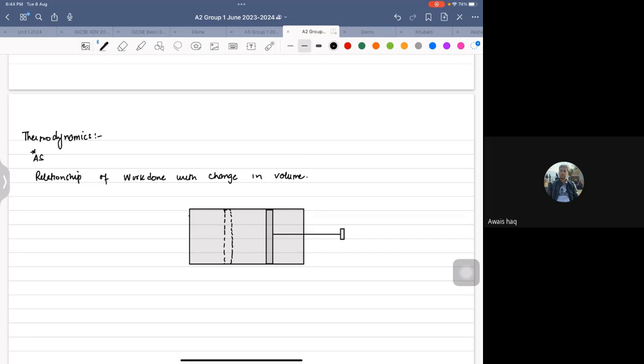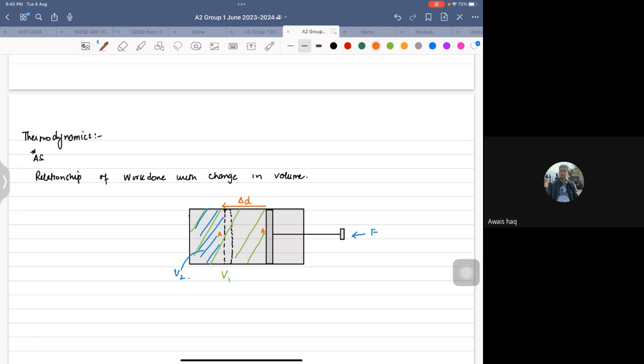So initially, if this had this much of a volume, let's call this green one V1. When it was pushed from this point to this point, we covered a distance of h. It has an area A, which is the same. And because of this, we have now decreased the volume, and the new volume is V2. So this has caused a change in volume because of a force acting here.